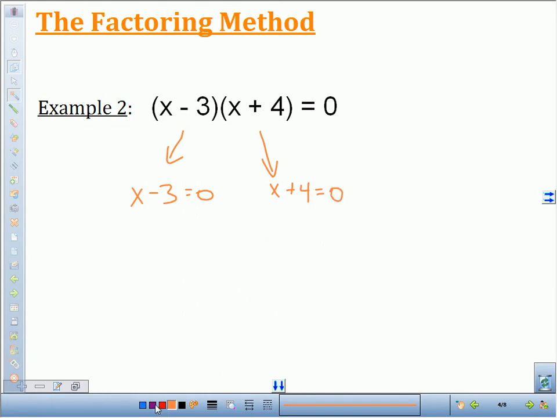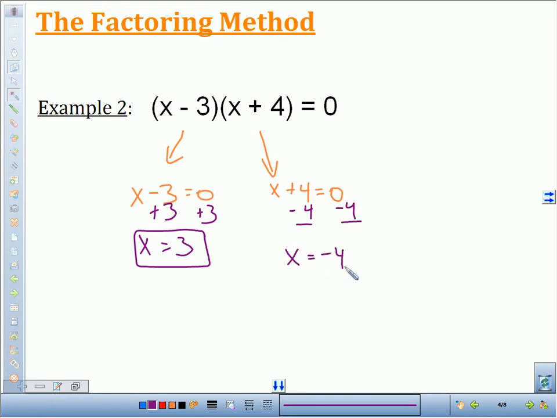And of course, if we added 3 to both sides, we would see that x equals 3 as one answer, so the parabola crosses the x-axis when x equals 3. Or we could subtract 4 here, and we would get x equals negative 4. So the parabola would also cross the x-axis at negative 4. And those are our two solutions.